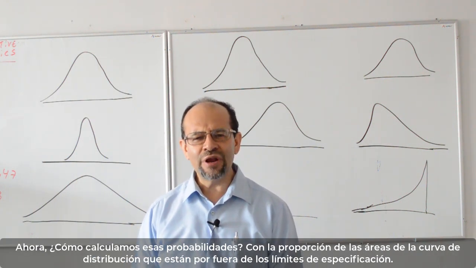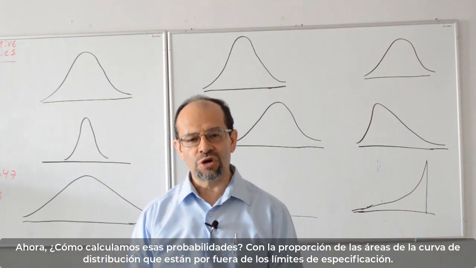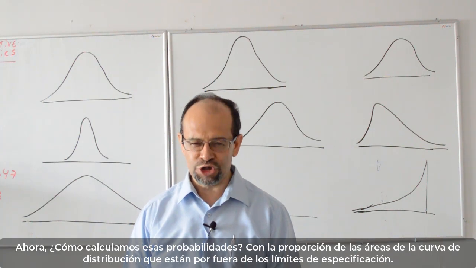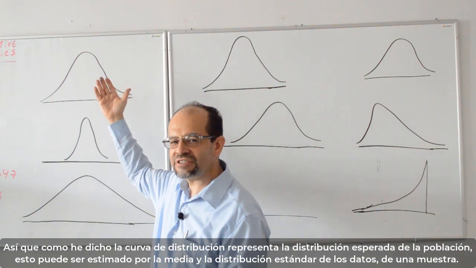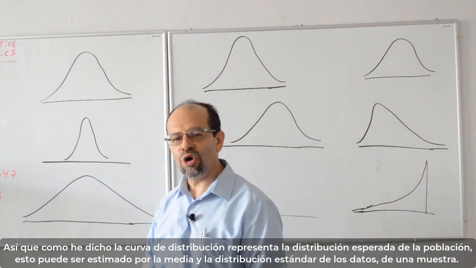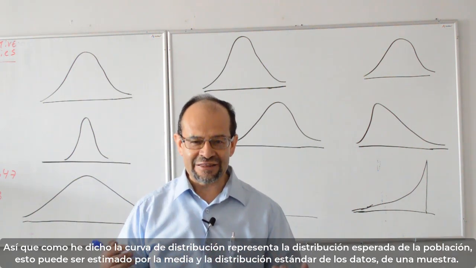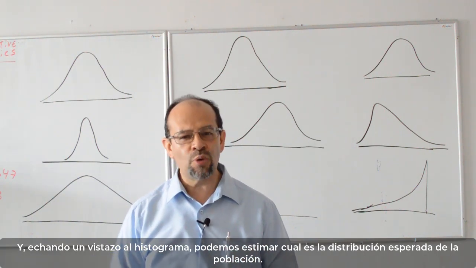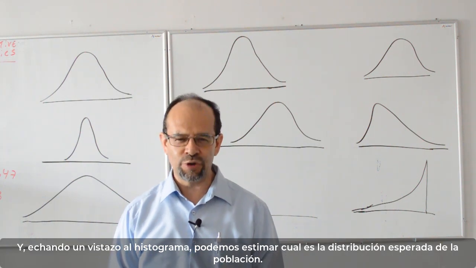Now, how do we calculate those probabilities? With the proportion of the areas of the distribution curves that are outside the specification limits. As I have said, the distribution curve represents the expected distribution of the population. That can be estimated from the mean and the standard deviation of the data of a sample, and also by taking a look at the histogram, we can estimate the expected distribution of the population.